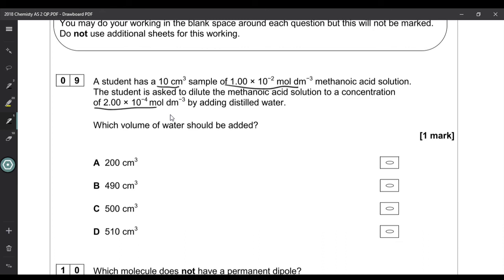So it's going from 1 times 10 to the minus 2 to 2 times 10 to the minus 4, which is a 50 times dilution. So the dilution will be 1 in 50. So because we've got 10 cubic centimeters, 50 times that will be 500 cubic centimeters.